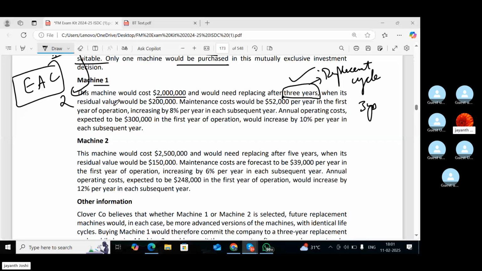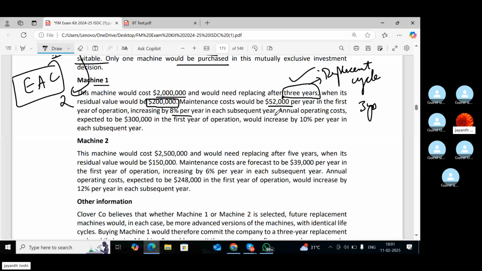Maintenance cost is given per year, and it is increasing by 8% every year, that you need to adjust in the subsequent years. Annual operating cost is expected to be 300,000 in the first year of operation. That would increase by 10% per year in the subsequent years. And then the same detailing has been given for machine 2.